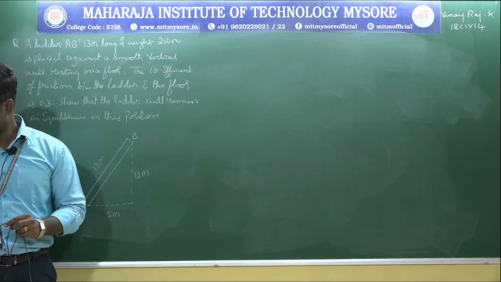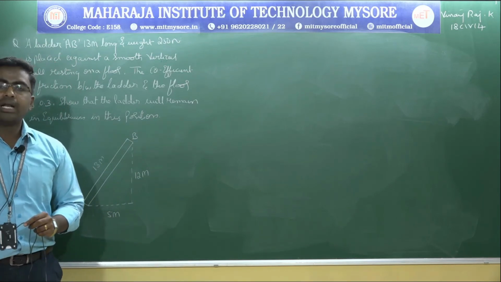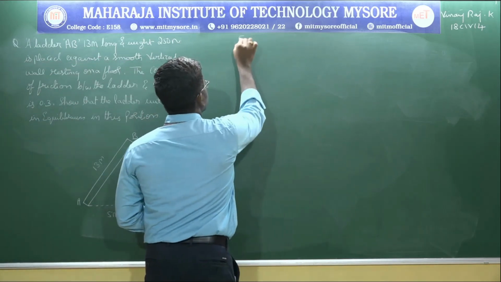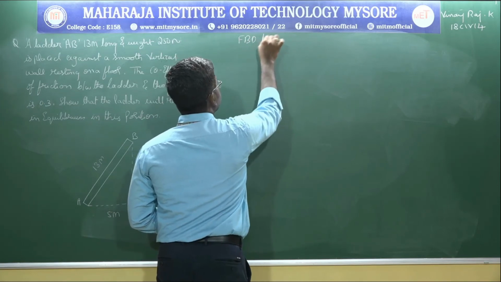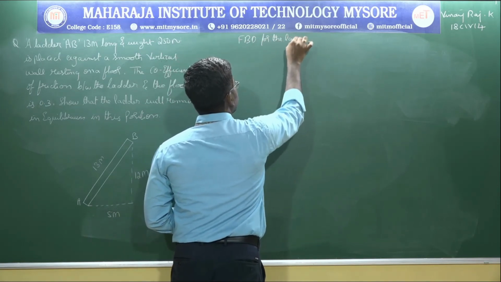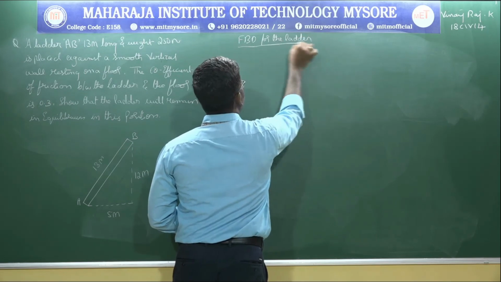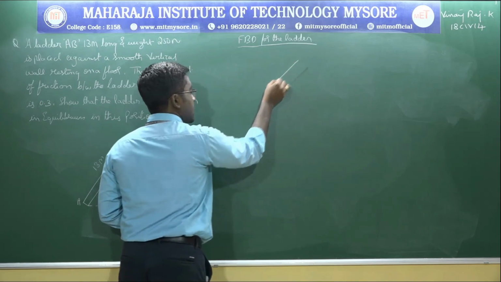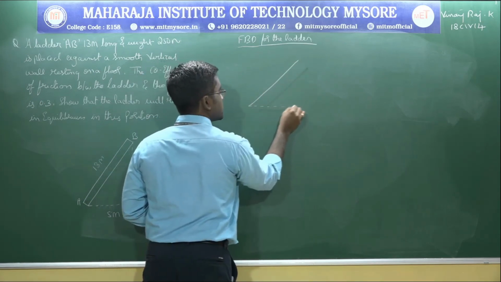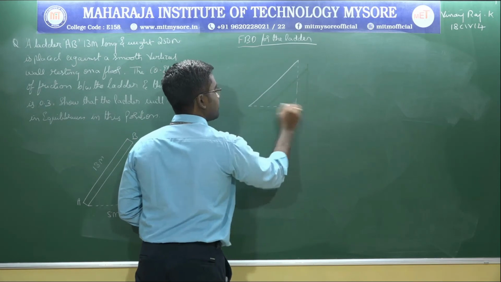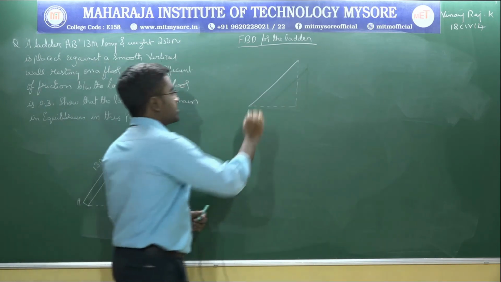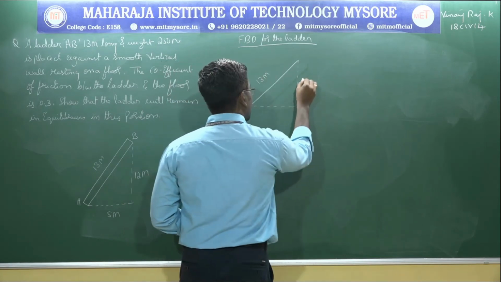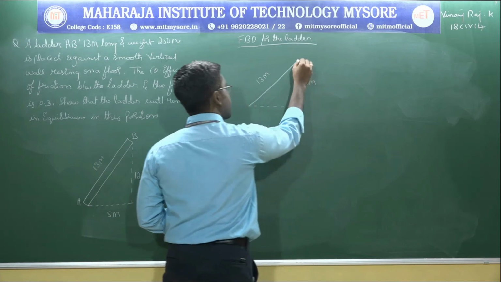So now let us write the free body diagram for the ladder. So this is the ladder, this is the floor, and this is the wall, and this is the 13 meter length ladder. 12 meter is the height at this particular point.